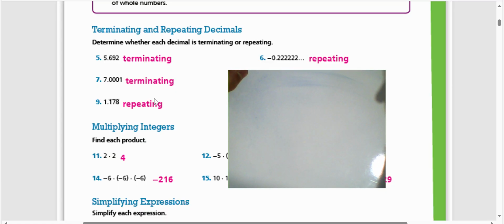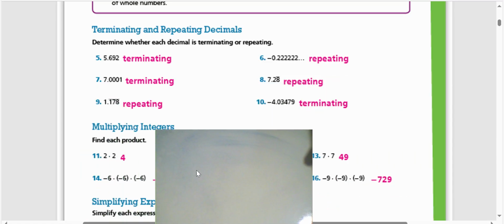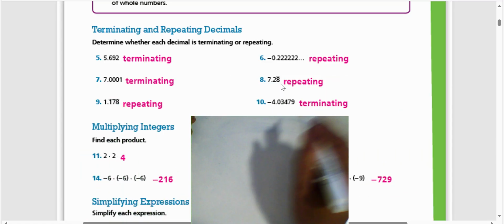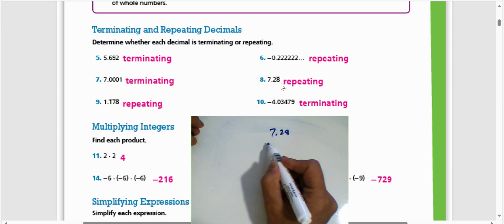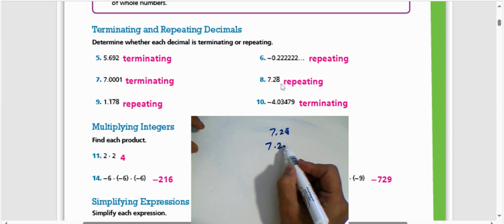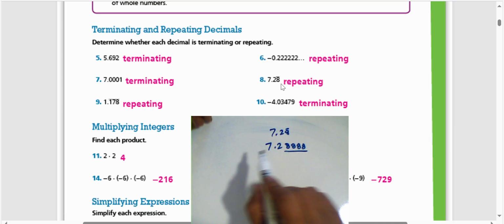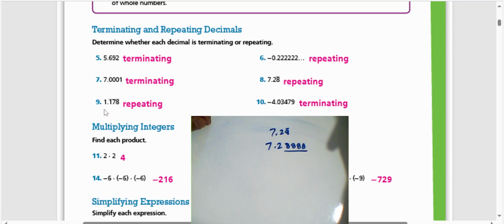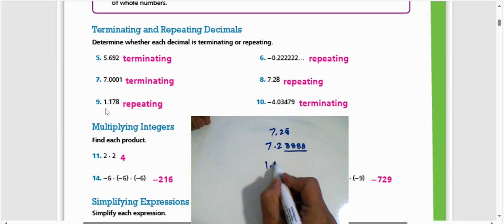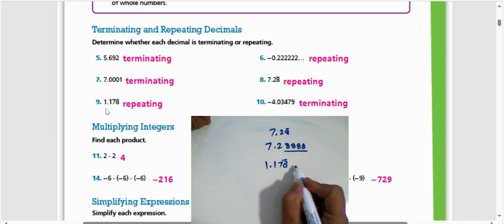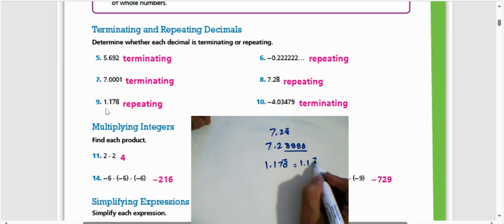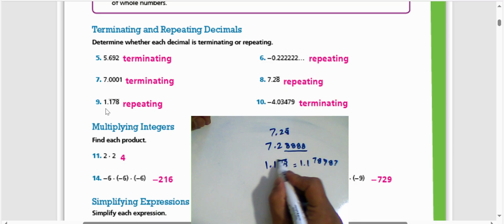And 7.28, it means 7.2888, we call it repeating. And also 1.1787878 repeating, it means 1.1 and then 78 repeating.